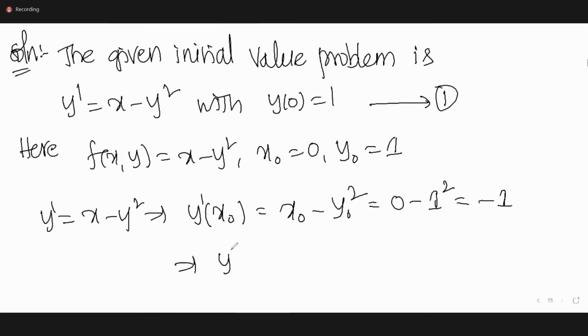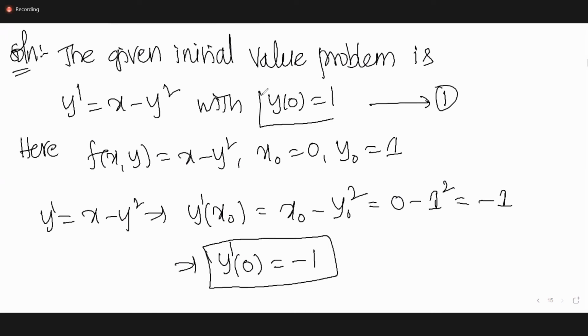So the y dash of 0 is equal to minus 1. Next, second derivative. So the initial value is 1, and the first derivative value is minus 1.